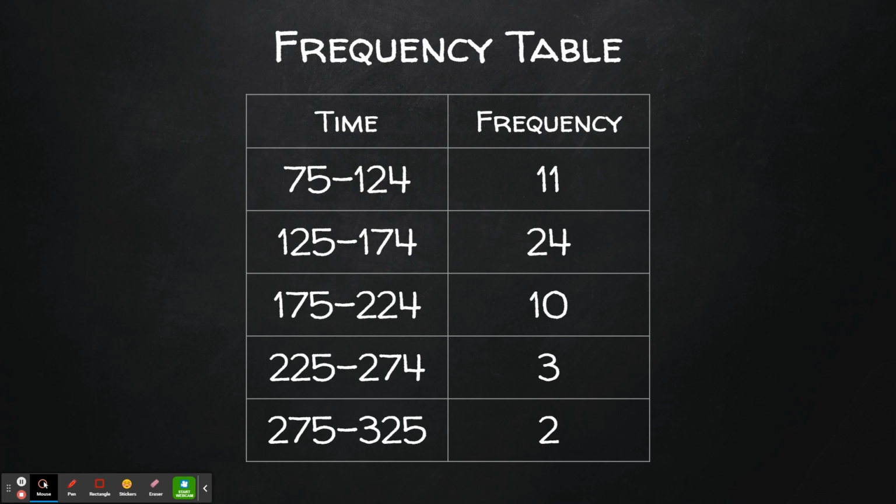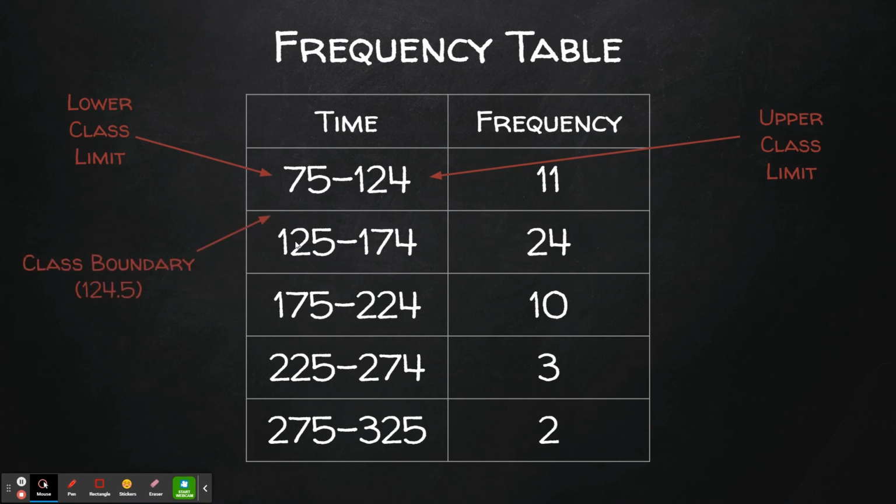Now, this is pretty intuitive, but of course we can't keep it simple. We have to give it a bunch of vocabulary. So the 75 is termed the lower class limit for that bin, and the 124 is the upper class limit for that bin. The class boundary is the number in between 124 and 125, so 124.5, just for fun.